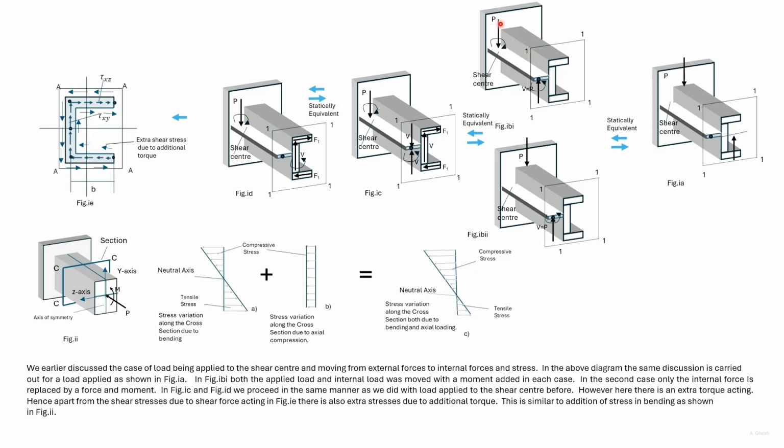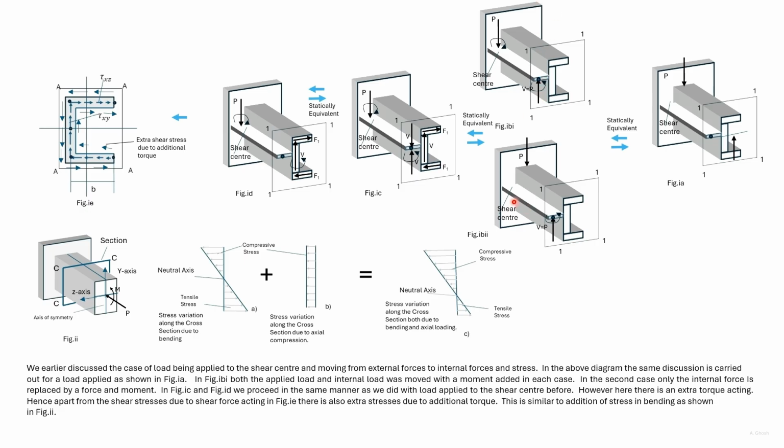So here we have the force acting at the shear center along with the torque. So these two cases are equivalent. Similarly, this internal force can be moved. So we have a force and a torque acting as shown.